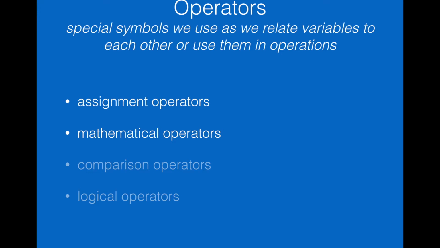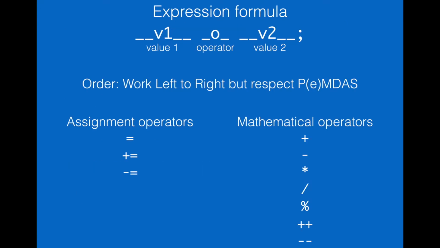Then of course there's a whole bunch of mathematical operators for adding, subtracting, multiplying, dividing, and other things like that. So here are some examples along with a model. You're going to see often in the notes these double underscores with a number in the middle or some other kind of thing. These are just meant to be placeholders that provide a model or a formula, if you will. So this one is the standard expression formula where there will be a value on either side of an operator.